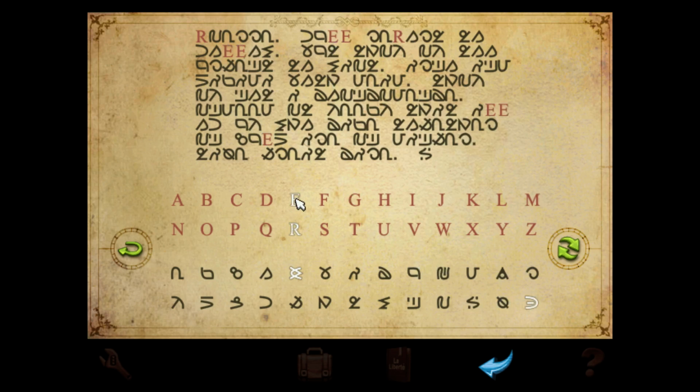Let's say E on those, since that looks like a backwards E. And let's say this is A. This could be any letter. That actually is just a non-starter in the first place, I suppose.